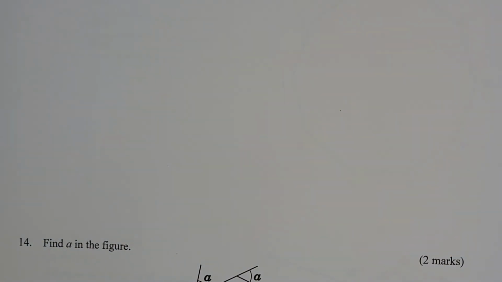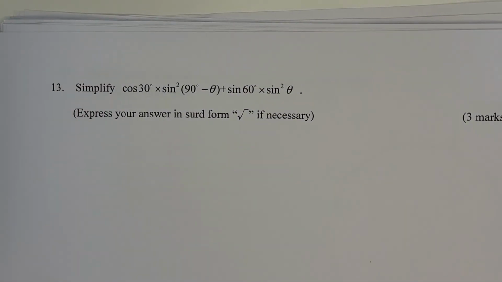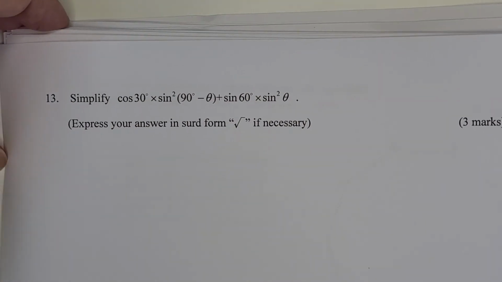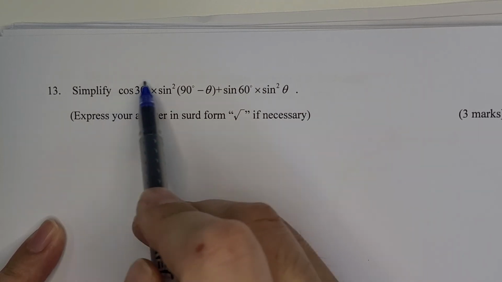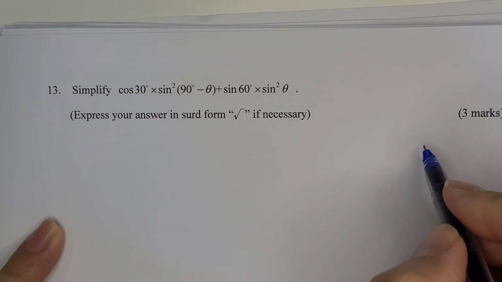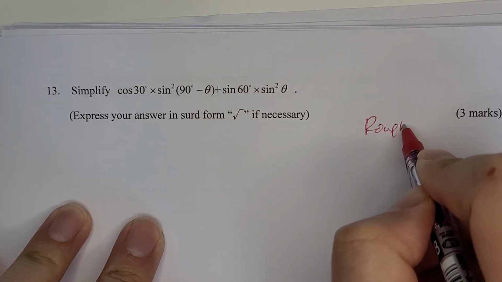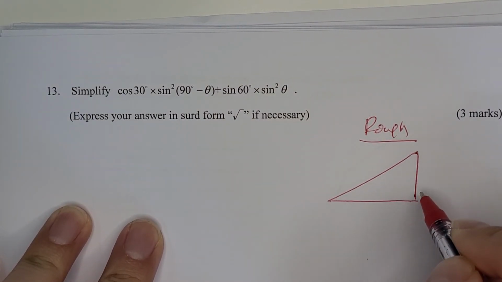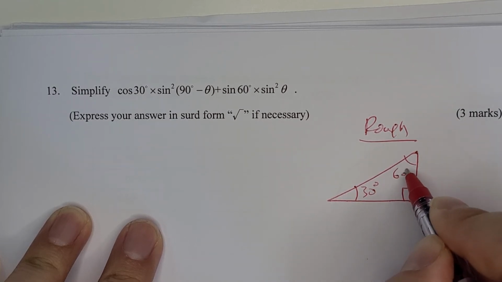Simplify these expressions and give your answer in surd form if necessary. So cosine 30, how would you get this value? You can draw something in your rough work. Draw the right angle triangle, 30 degrees, 60 degrees.